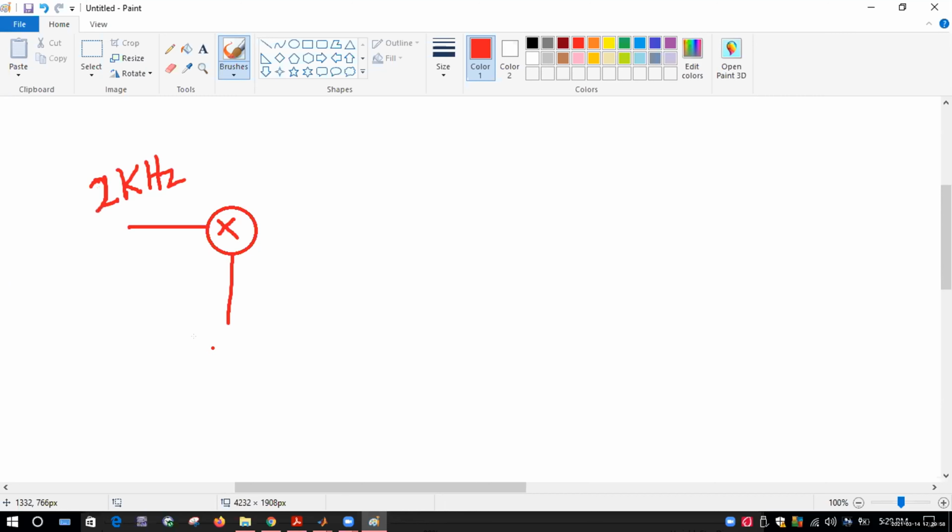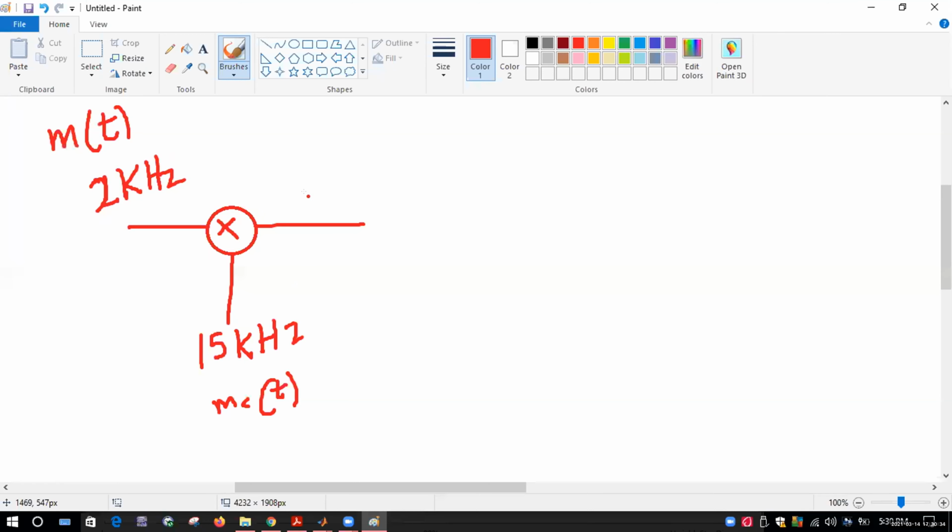Let's say the carrier frequency is 15 kilohertz. Which one is the carrier and which one is the information signal here? The carrier is 15, so this is your MC of t, the carrier wave. Your message is 2, the information signal, so we write M of t, the message signal.